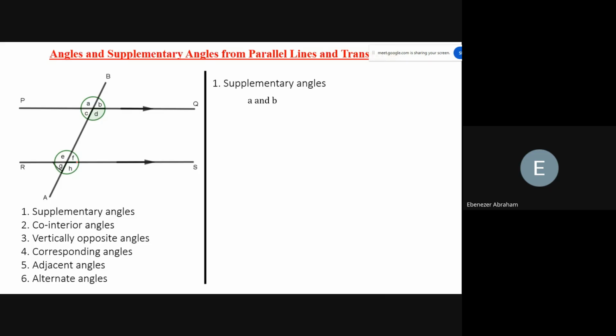At the same time, co-interior angles, because C and E, if you add them, give you 180.